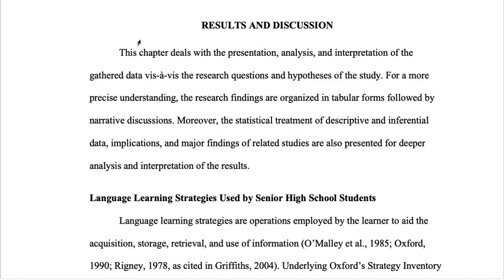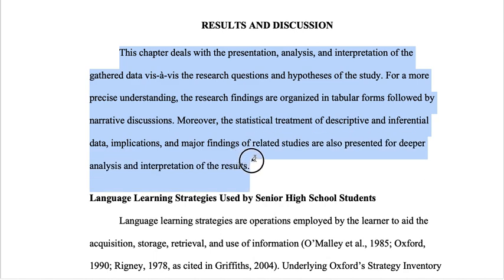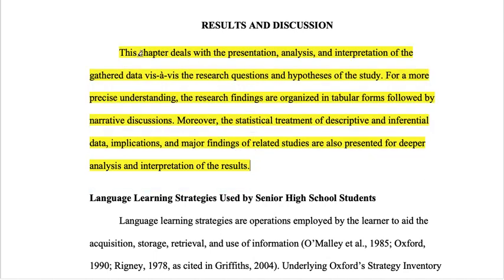So this is a sort of preamble. All of these sentences in the preliminary part of the results and discussion is called the preamble. So you are to mention what you used to describe, present, and illustrate data. What's your main purpose in writing the results and discussion.